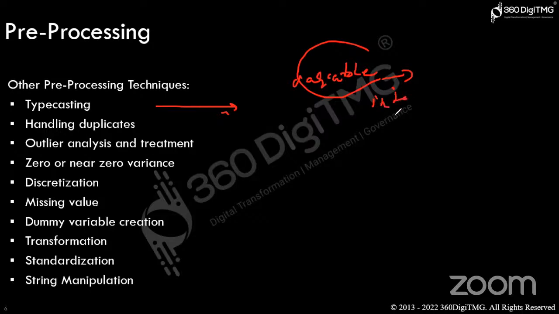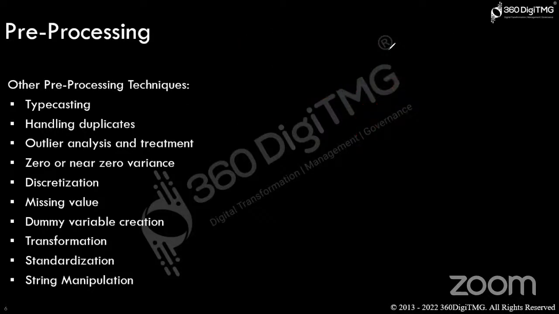When it comes to typecasting, what is typecasting? Most of the time, whenever you are initializing a variable in Python, Python itself takes the data type; you don't need to mention whether it is an integer or an object. For example, take age or weight.